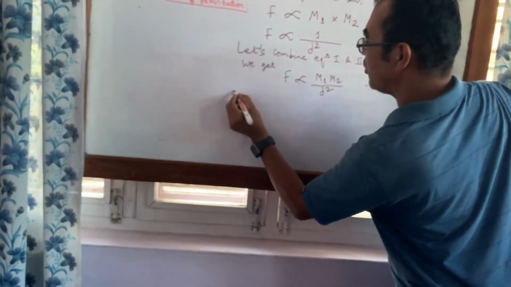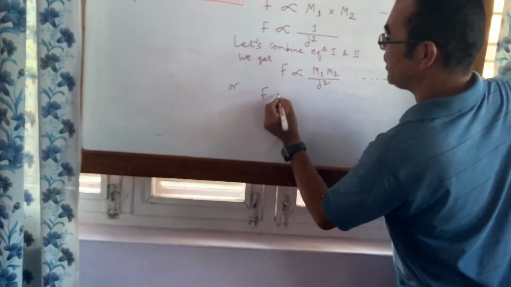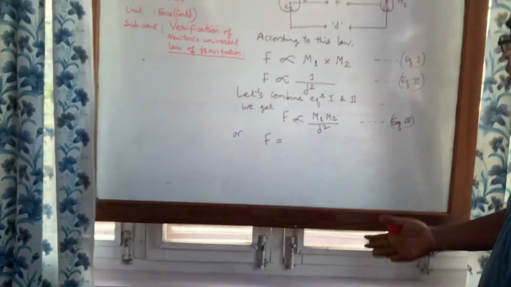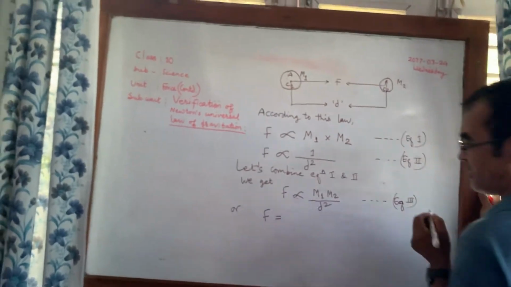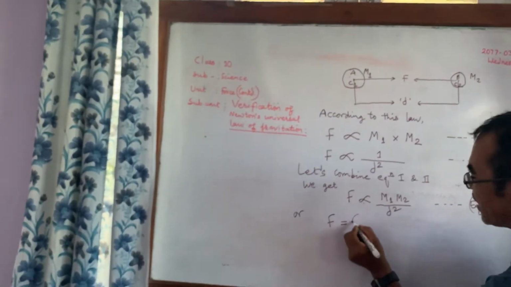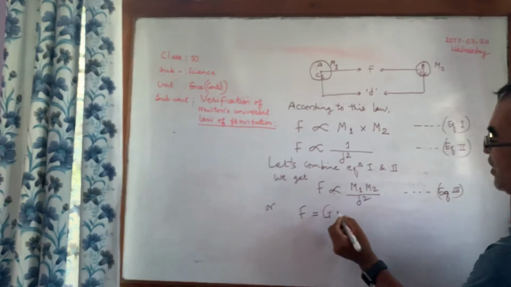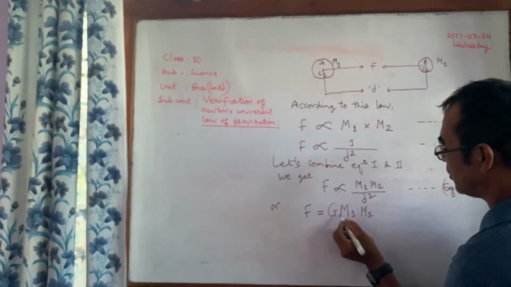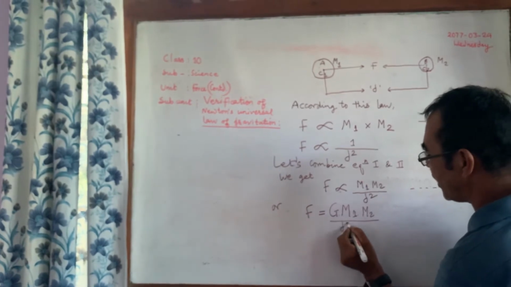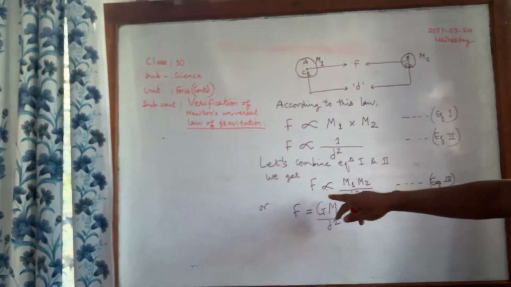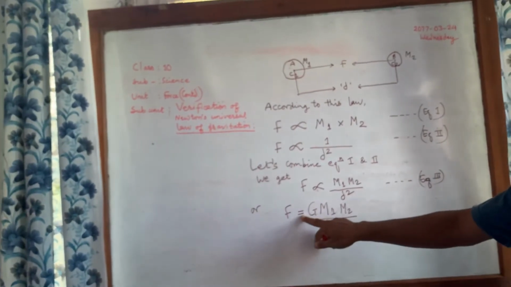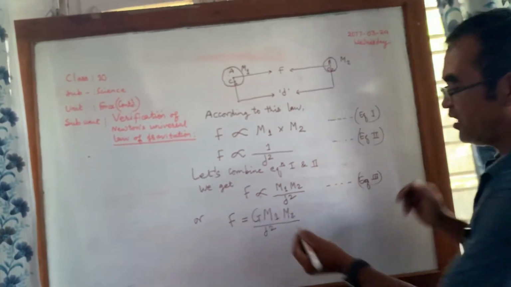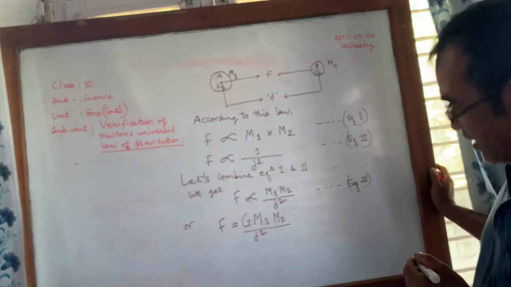Now our F is equal to G m1 m2 by d square. When this proportional sign is replaced by an equal sign, then capital G is placed here.